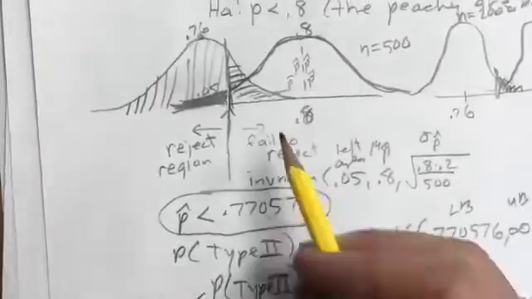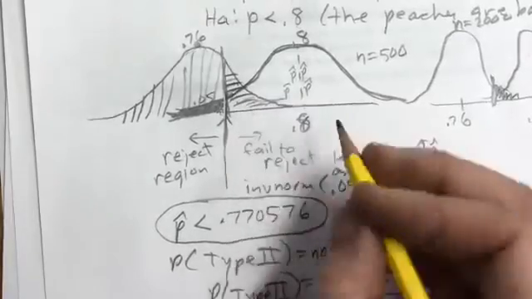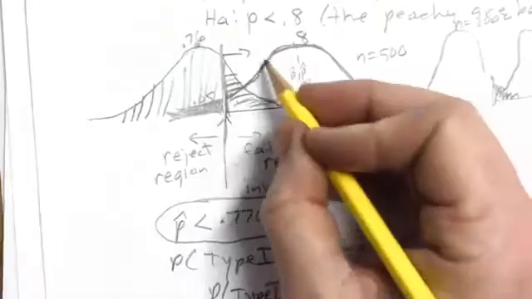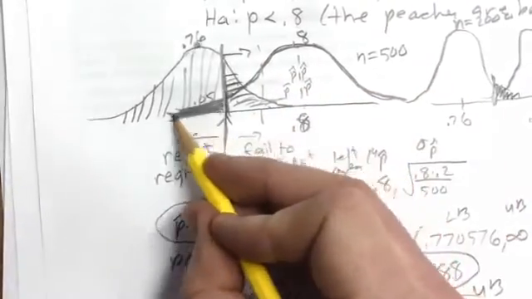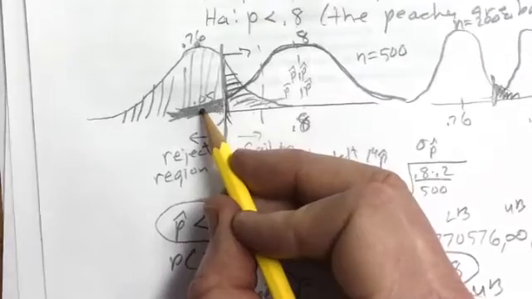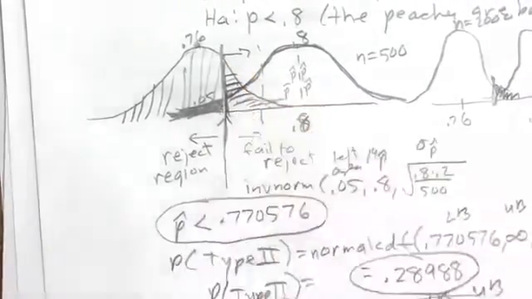The other thing he could do, if you think about it, what's the other way of decreasing this overlap? Well, you could move this value to the right. If you moved it over here, now there's less overlap. How do you do that? By increasing alpha. If you made alpha into like 0.07, that would move this over here, and so there'd be less overlap.